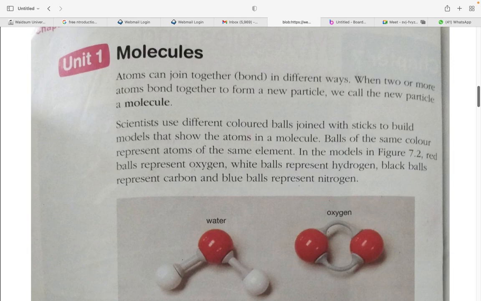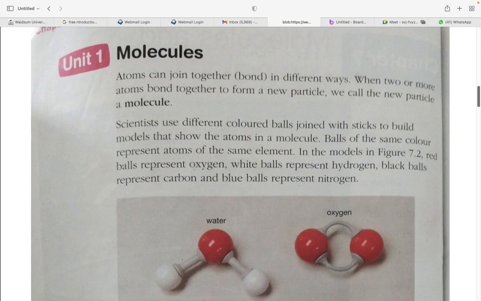At IGCSE level, you're going to learn about chemical bonding: covalent bonding, ionic bonding, metallic bonding, hydrogen bonding, and so on. But bonding is when atoms chemically combine together.